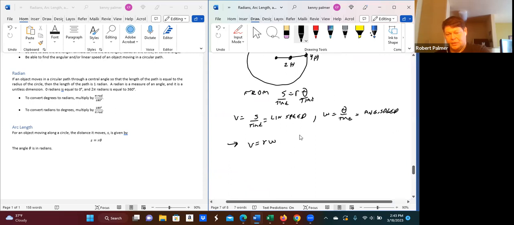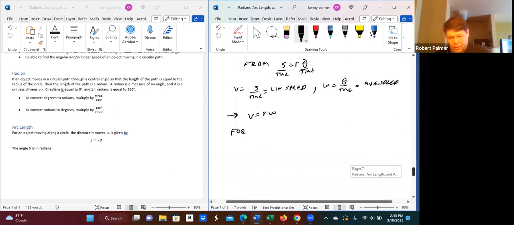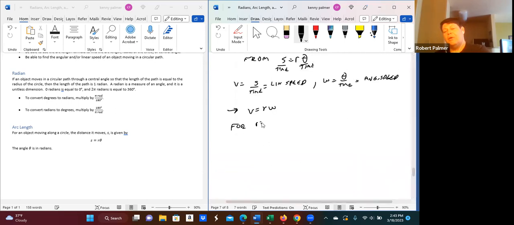And now let's plug these in. For R equals 2 feet, V is equal to 2 feet times 3 radians per minute.